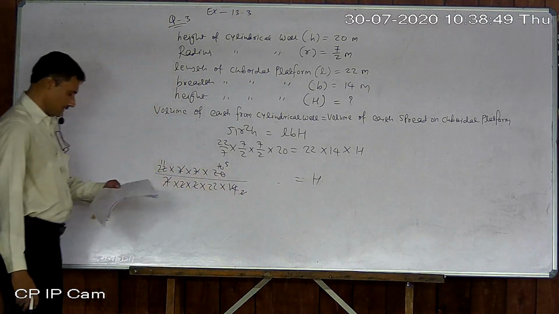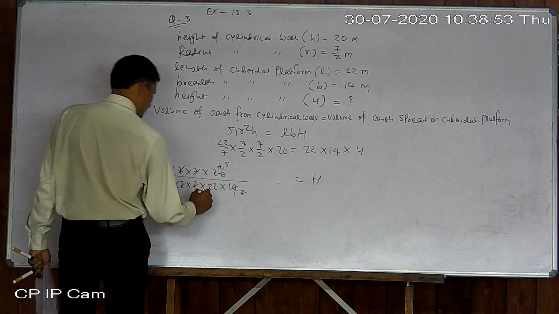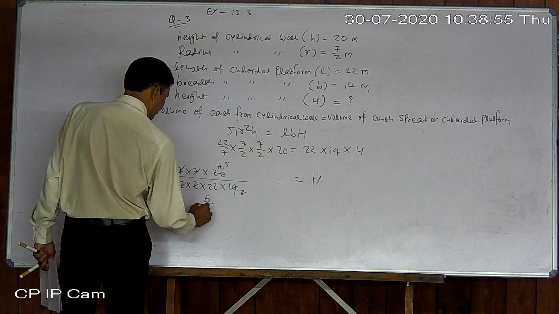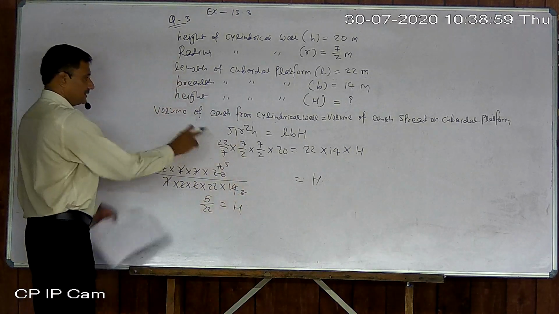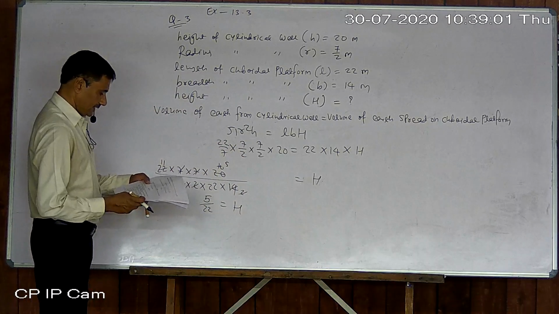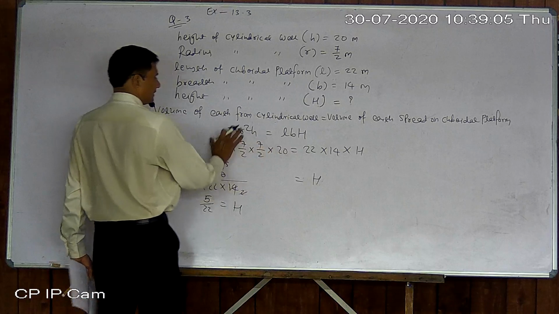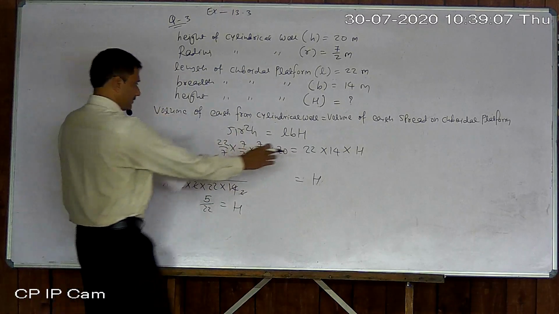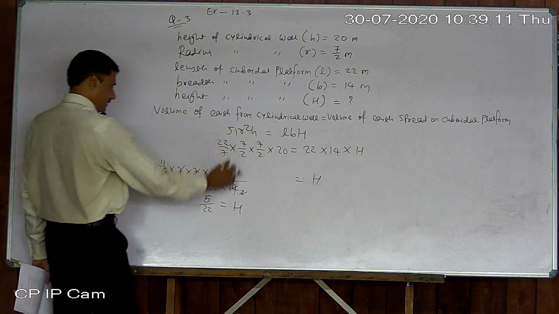What is left? 5 upon 22 is equal to H. Again, be careful. 7 is the given diameter, so I wrote 7 by 2, and 20 is the height of the cylinder. Here 22 by 14 is the measurement. Height is not given.